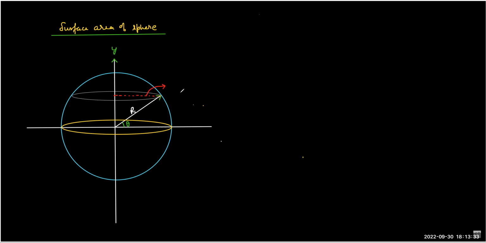We have two variables, the capital R, which is the radius of the sphere, and the cut angle, which is called theta. What is the radius of this circle? Tell me.